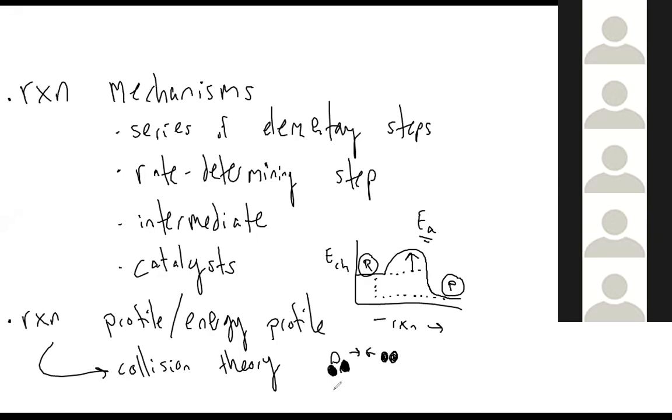They're moving, so they have kinetic energy. When they collide, that kinetic energy can get converted to chemical potential energy. That's where this activation energy comes from, just like a crash. They crash into each other and that ends up breaking the old bonds. It's coming from this process of the particles colliding.